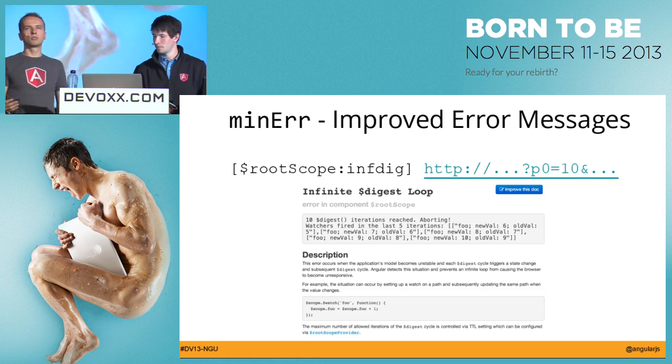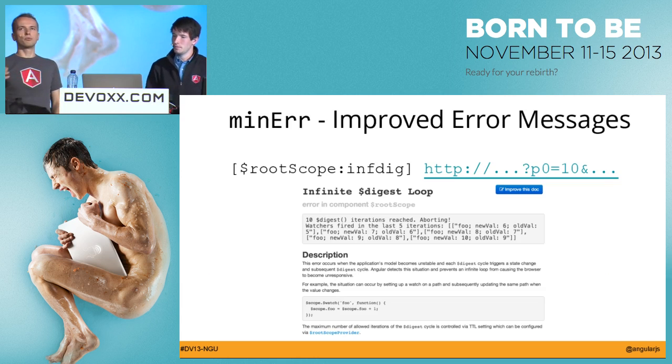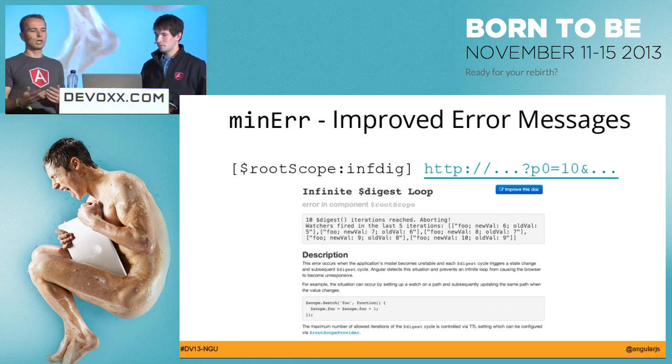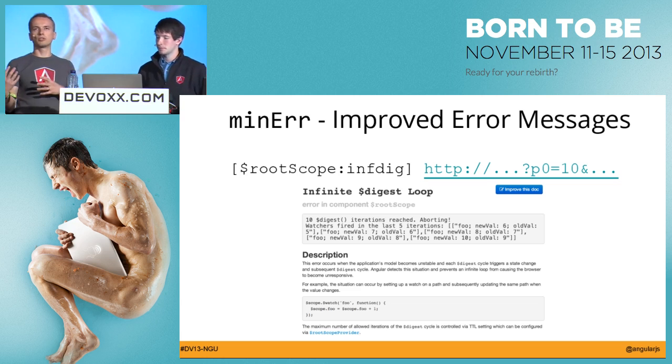But as we were doing this, we realized that all these error messages were starting to take up a lot of space, a lot of bytes in the payload of the minified Angular. And this has become an issue. So we thought about how we could deal with this. The solution we came up with was, since we already have these unique identifiers for each of the error messages, let's just throw away the error message itself. Let's just keep all the variables, display those in production mode, and provide the link, which will allow you to reconstruct the error message should you need it.